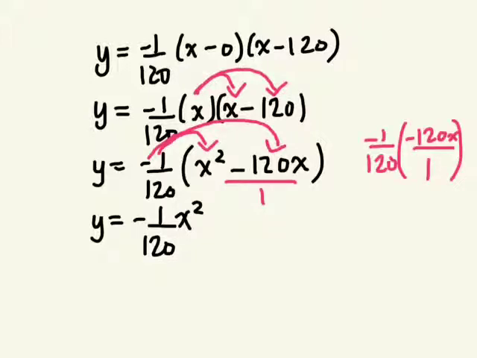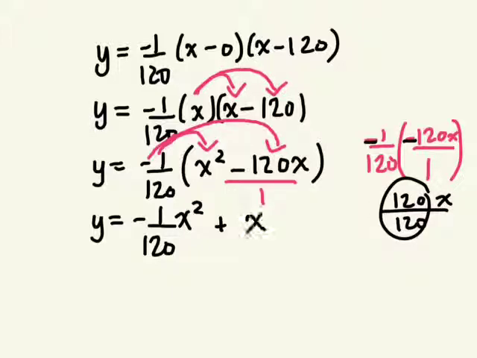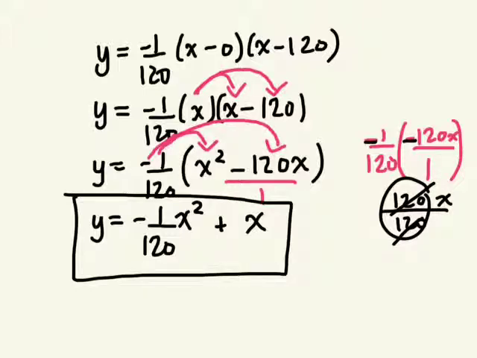A negative times a negative is positive. Negative 1 times negative 120 is positive 120x. 120x over 120 times 1 is 120. How can I simplify this? The 120 cancels out, so I could just put x. Oh, true. Here is our equation now in standard form.